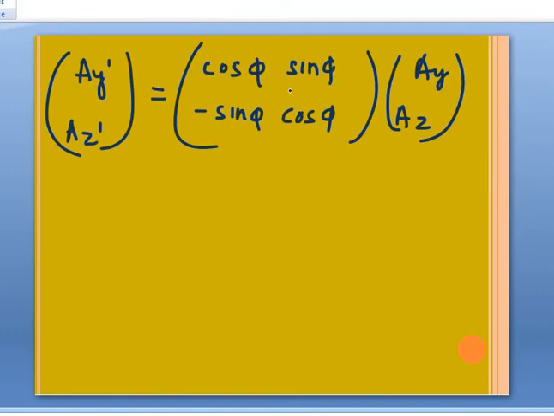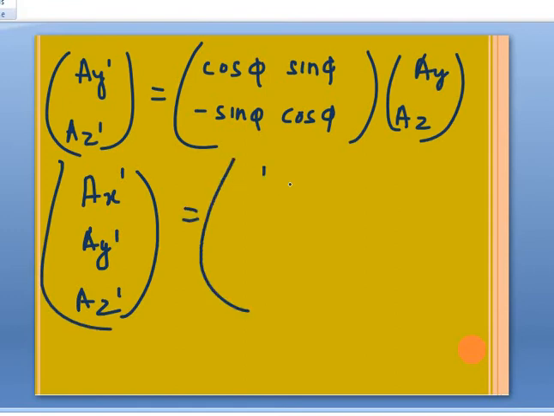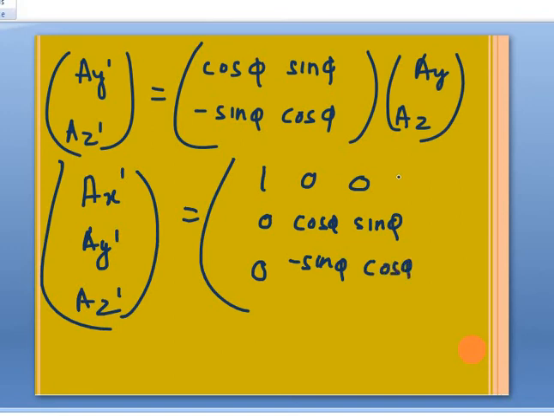So in this case, when you want to find out for ax also, because x is not changing, you can write it as 1 0 0, 1 0 0, cos phi sin phi, minus sin phi cos phi. When you are talking about, let's say, ax prime is actually ax, so ax prime, ay prime, az prime, because there are three vectors, you can write 1 0 0, 0 0 cos phi sin phi, minus sin phi cos phi.